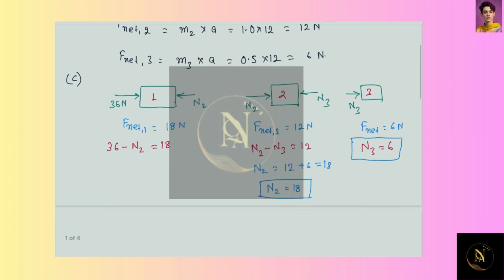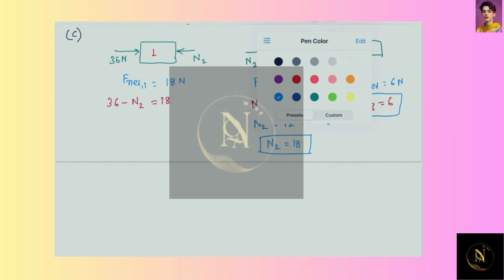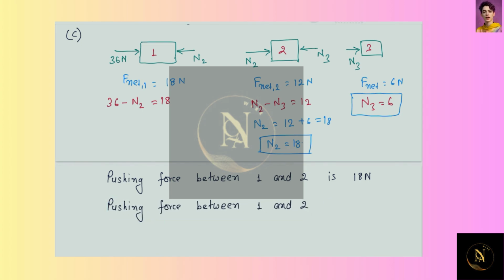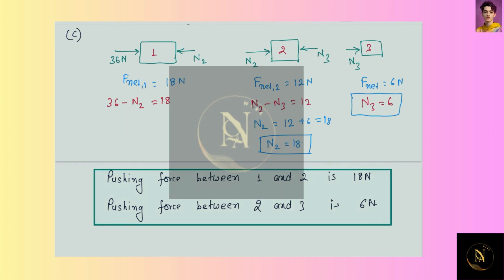So we have got the pushing force between the first and second blocks as well. In part C, it was asked what the pushing force is between the blocks. The pushing force between 1 and 2 is 18 Newton, and the pushing force between 2 and 3 is 6 Newton. So this is the answer for this problem.